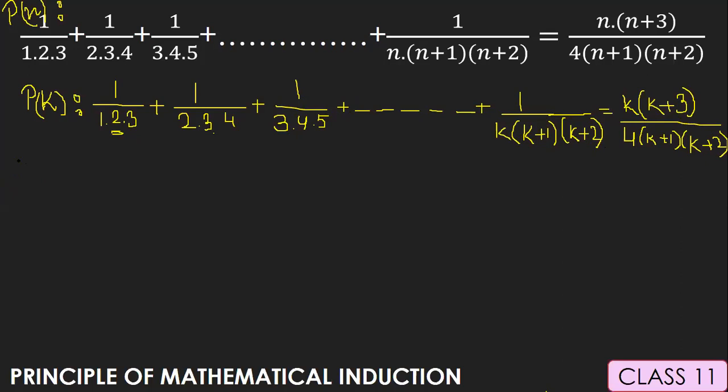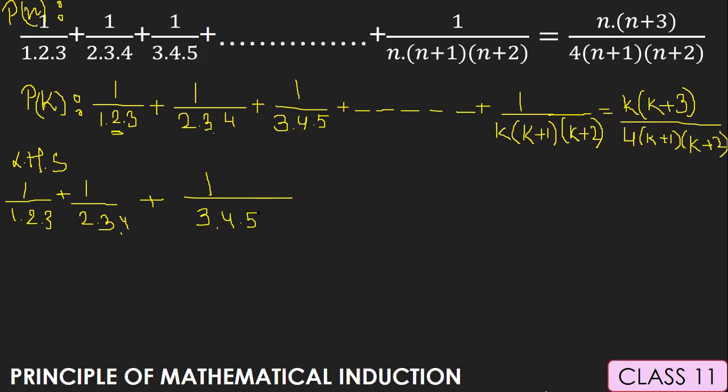For n is equal to k plus 1, your LHS would be 1 divided by 1 into 2 into 3 plus 1 divided by 2 into 3 into 4 plus 1 divided by 3 into 4 into 5, right?